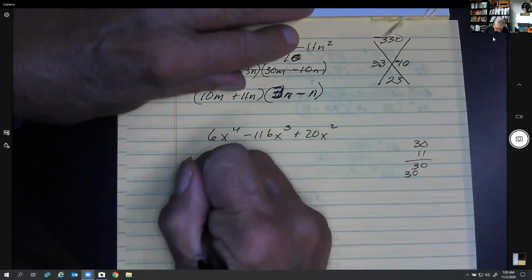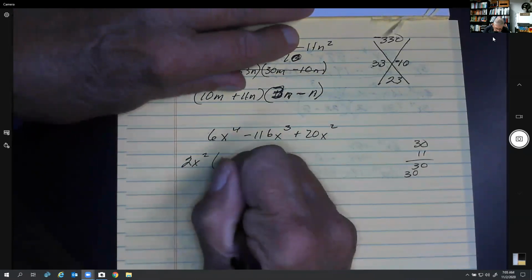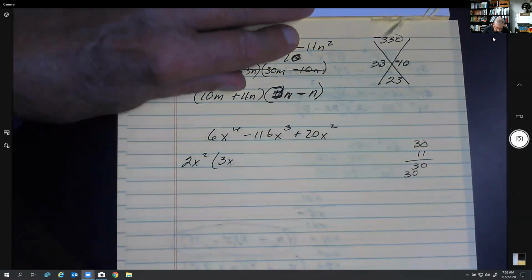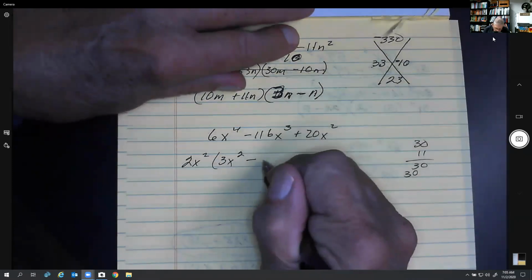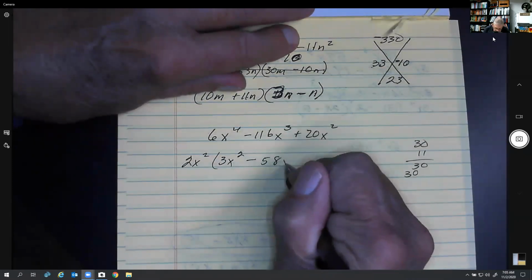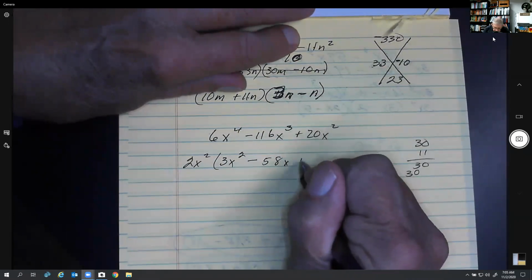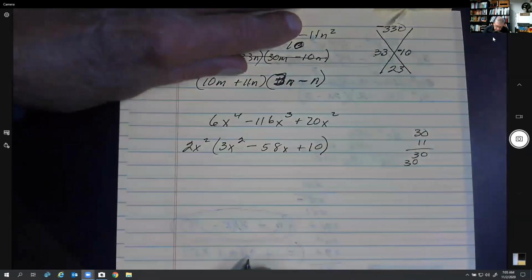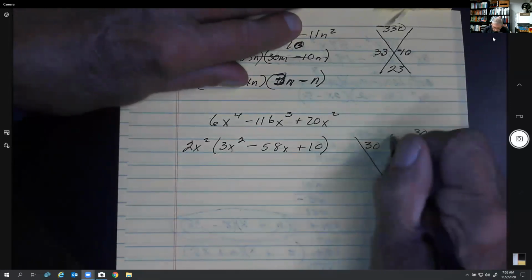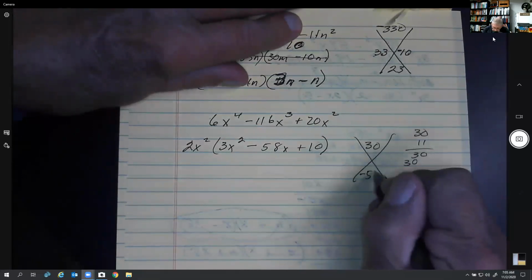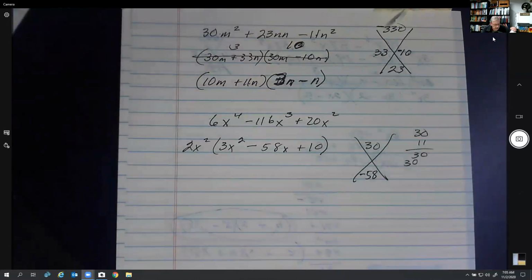So we could take out a 2: 2 times 3x squared minus, half of that would be 58x plus 10. So we got 30 here and a negative 58. Well, let's look at our factors.